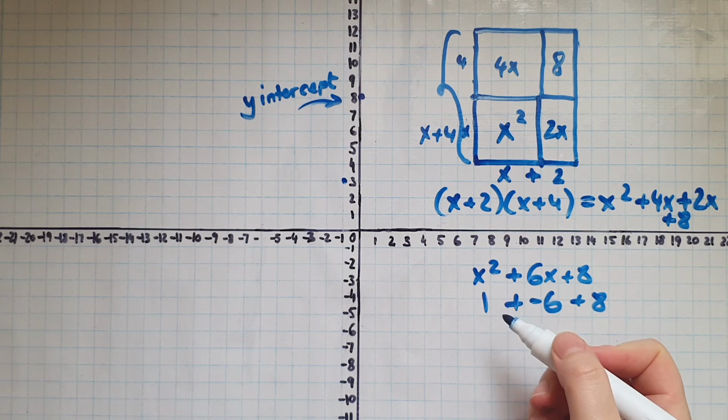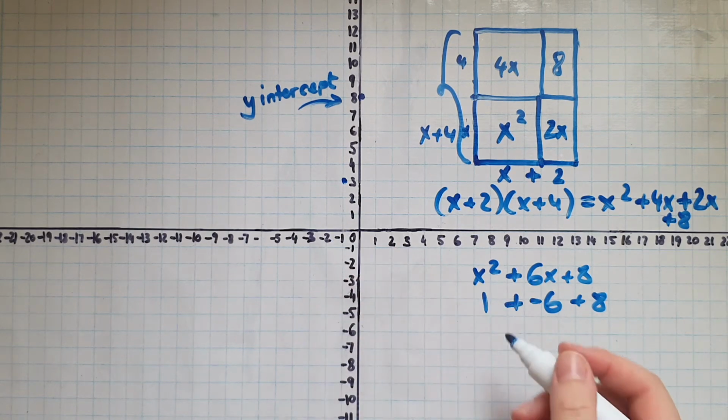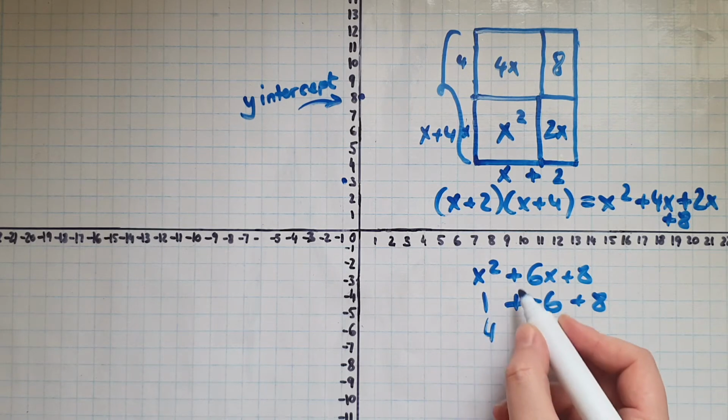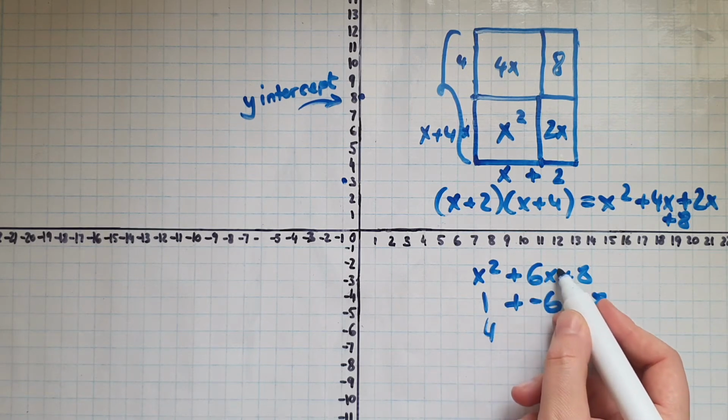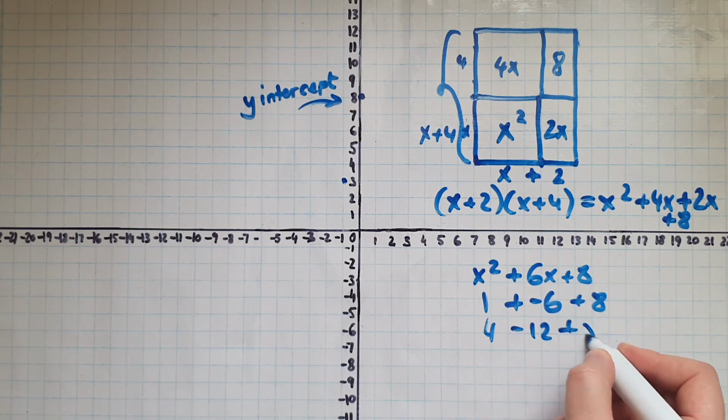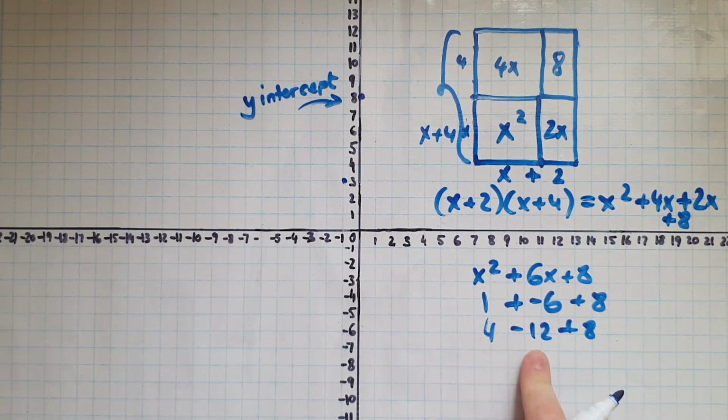When x is negative 2, negative 2 times negative 2 gives us 4. Negative 2 times 6 gives us negative 12. Add 8. So 4, take away 12 gives us negative 8. Add 8 gives us 0.